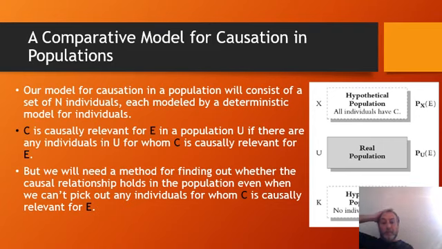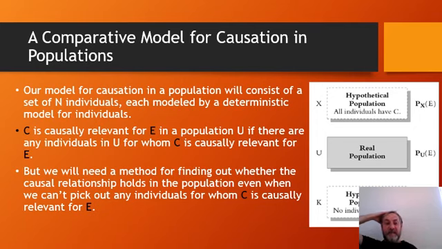Okay, so a comparative model for causation in populations. Really all of these studies are going to be using populations. We're never going to try to evaluate a study that only uses one rat. The reason that we set up our definition of causation in terms of individuals is that now we're going to use that notion to define causation in populations.